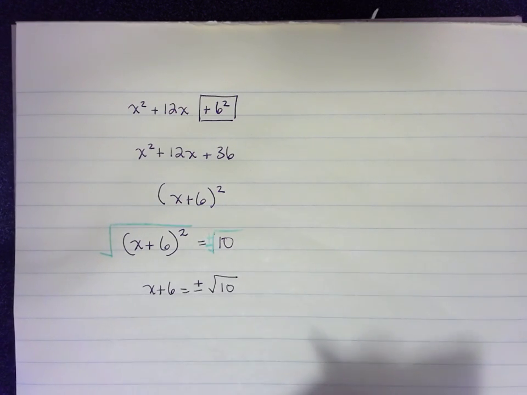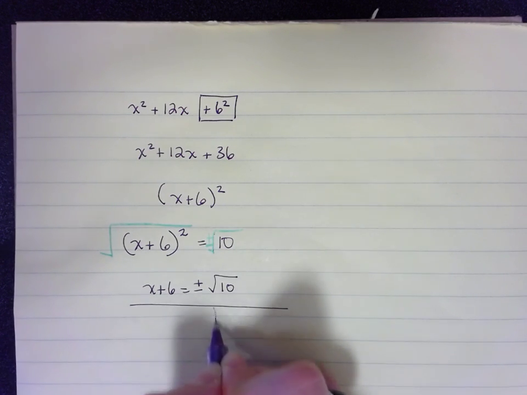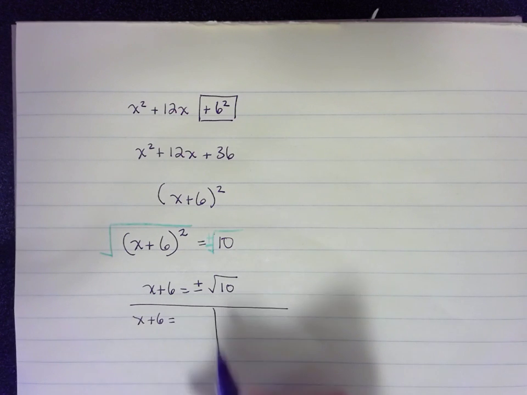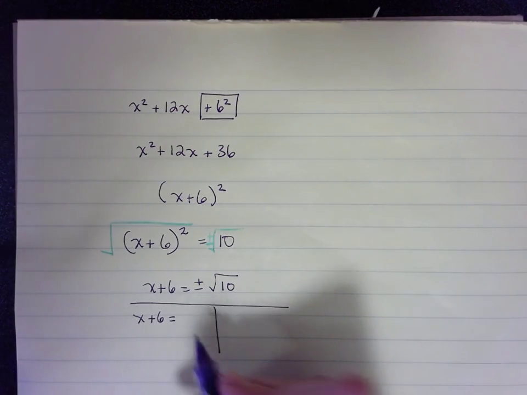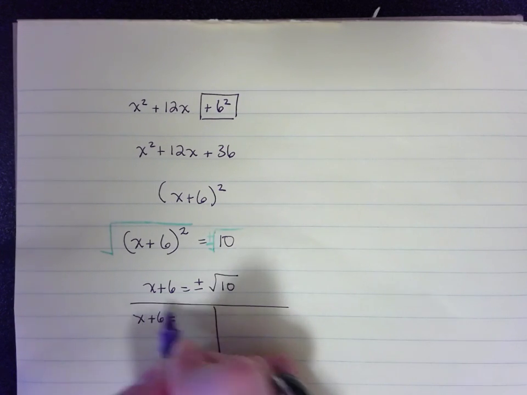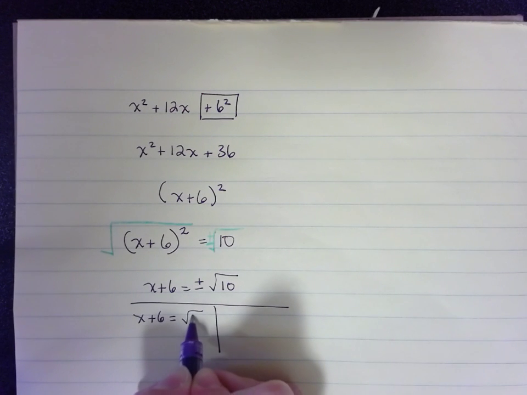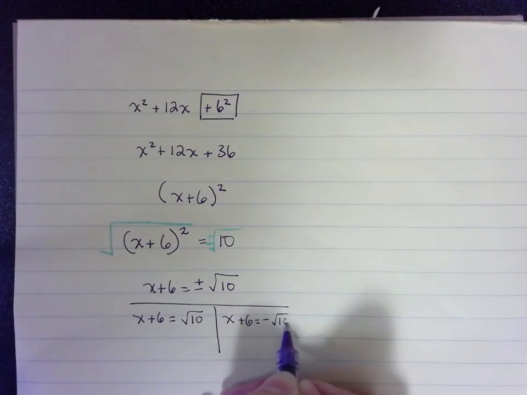equation. Once I have this fantastic method of solving, I can actually solve this to the nearest tenth. I could also leave it in radical form, but let's just practice solving to the nearest tenth. So my trusty t-chart is going to tell me that x plus 6 equals positive root 10 and x plus 6 equals negative root 10.